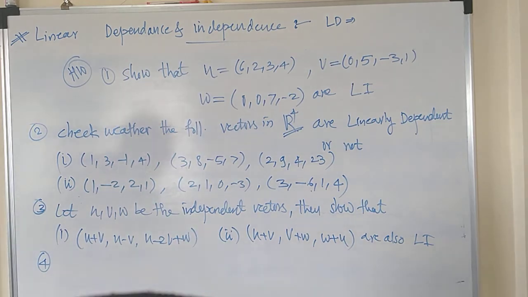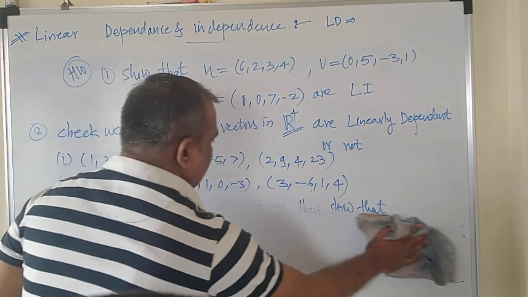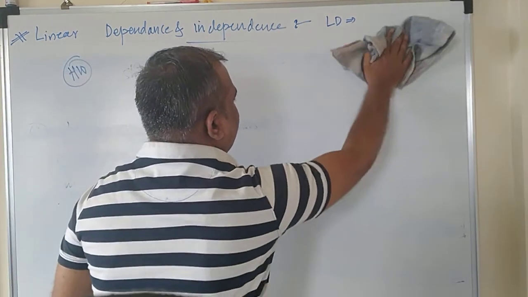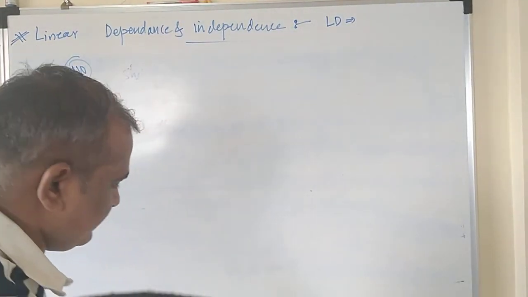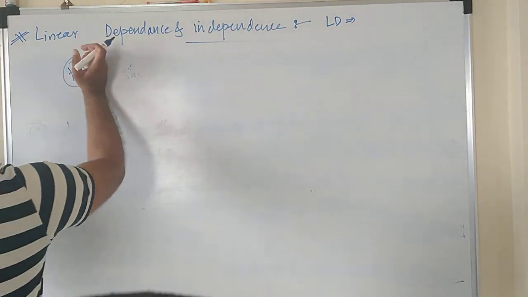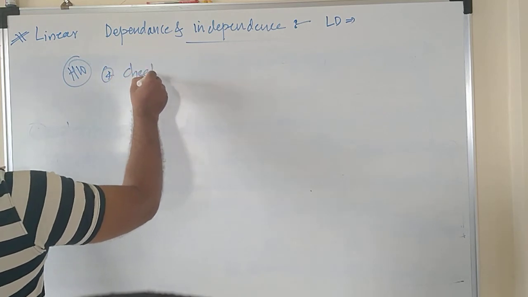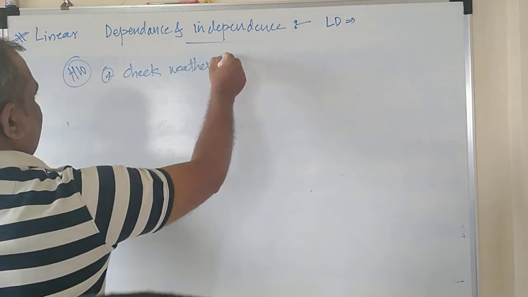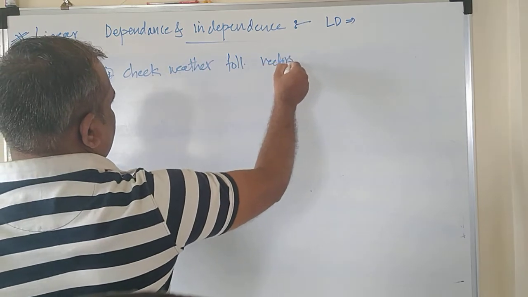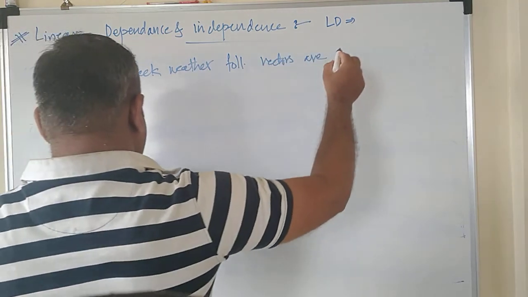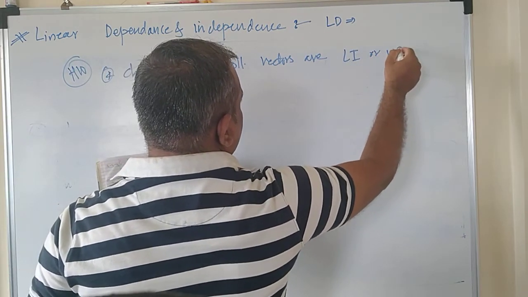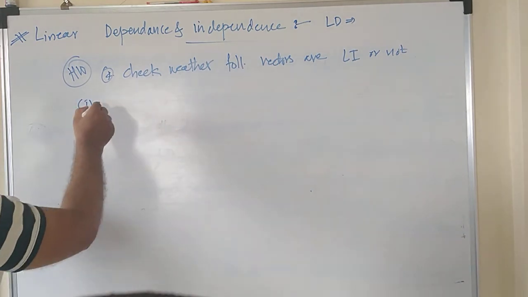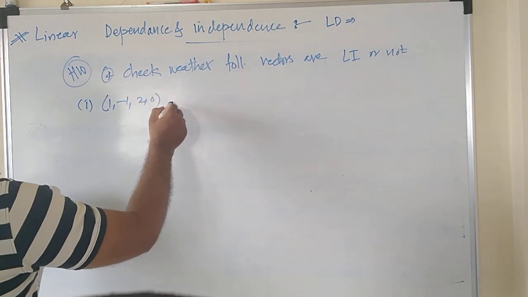The first example is 1, minus 1, 2, 0, first vector.